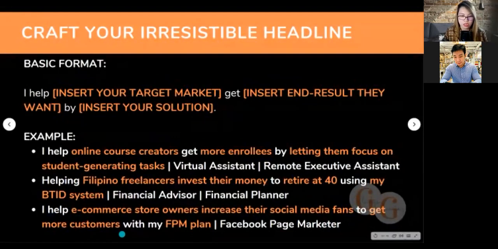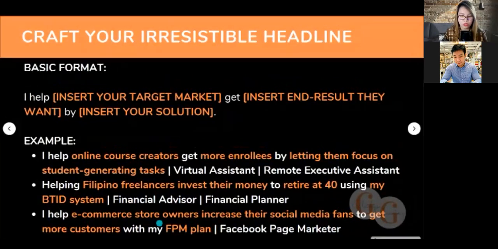And the unique selling proposition or the unique solution of this person is his or her FPM plan. And that person is a Facebook page marketer. So probably FPM plan is Facebook page marketing plan or something like that.